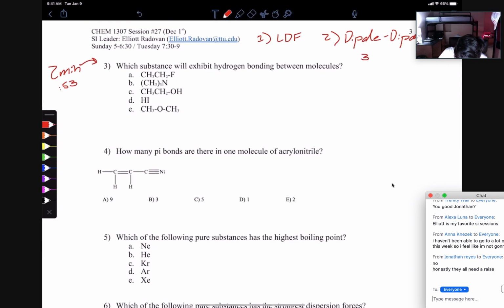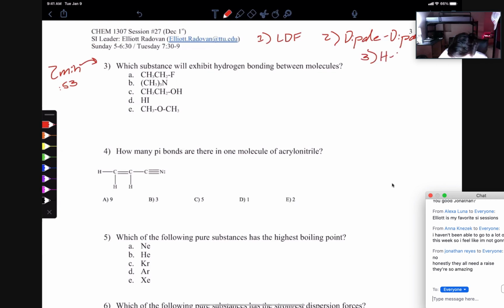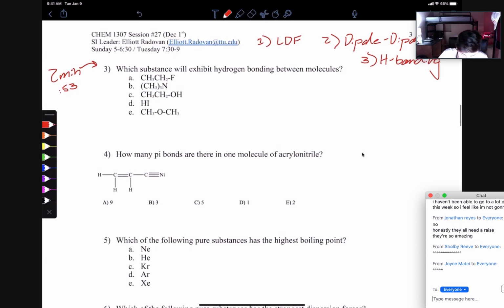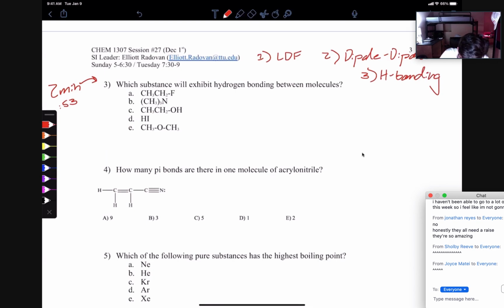And a third one is hydrogen bonding. If you don't know those well, then definitely research those after this session, because a lot of these chapter 11 and 12 problems are going to ask about intermolecular forces on the final. Since we're talking about hydrogen bonding, what you need to know is that for hydrogen bonding to happen, first, hydrogen has to be on the molecule and it has to be attached.